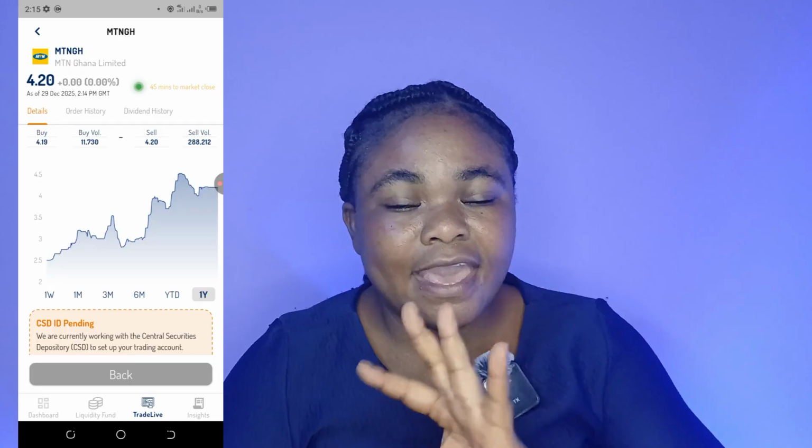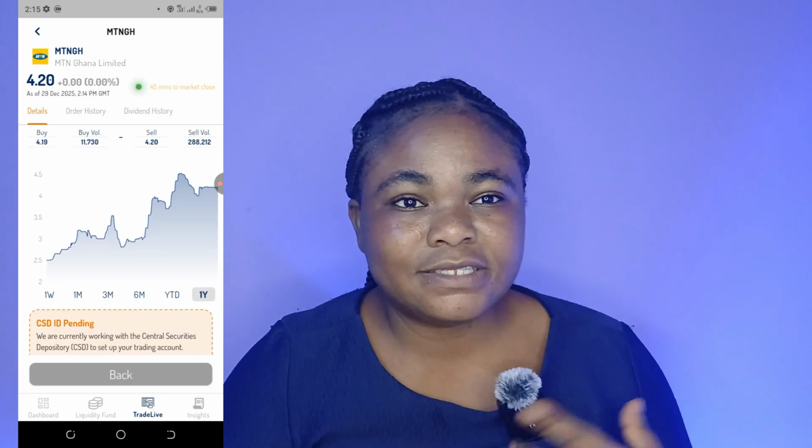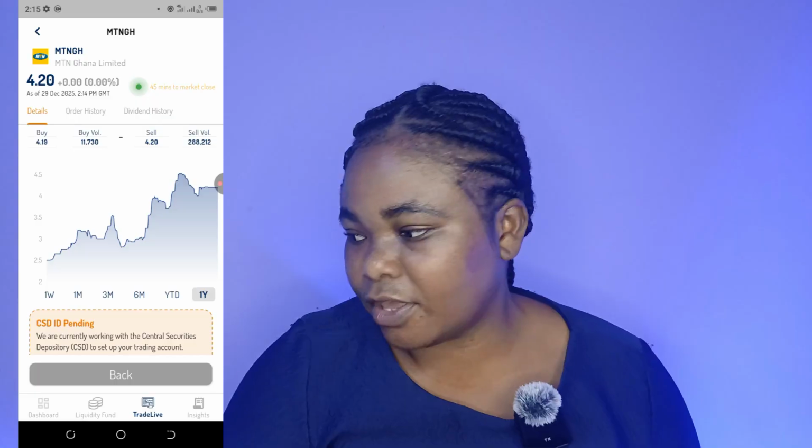It changes anytime. When I say historical price, it means, let me take this bag as a stock. Let's say this is the MTN stock, I have it and I want to sell it for 5 Ghana cedis. When I say this bag is 5 Ghana cedis and someone wants to buy it, the person will say, oh, I won't pay 5 Ghana cedis, I will give you 4 cedis 20 pesos.